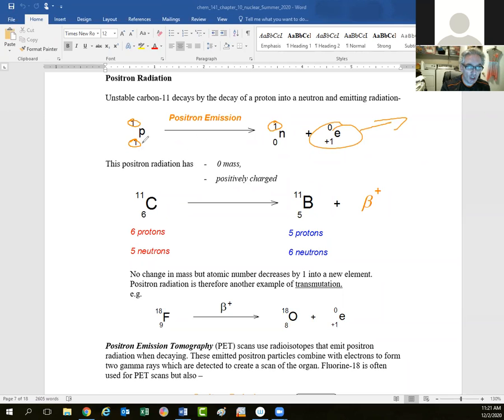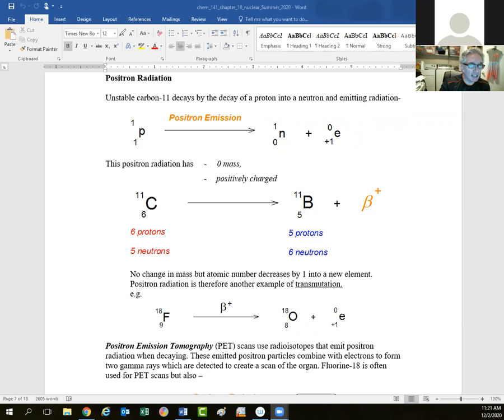And so with that loss of the proton, the atomic number decreases by 1, and we're getting a new element. It's another example of transmutation, as we called it on Monday. The very identity of the isotope changes to a different element.